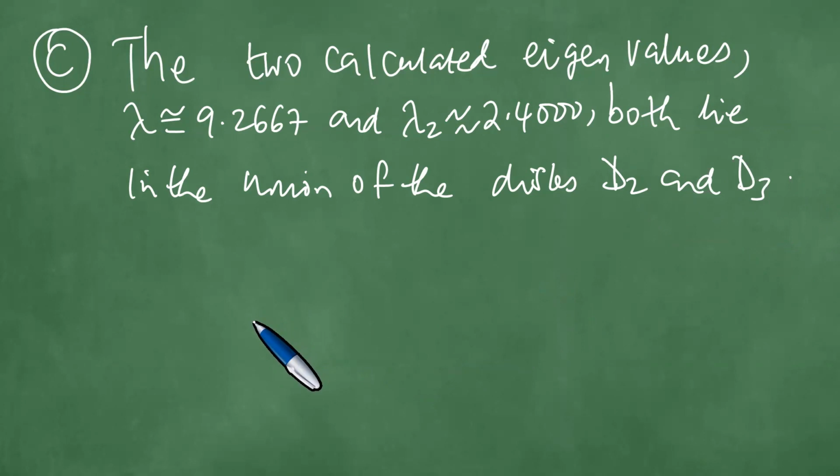The two calculated eigenvalues, approximately 9.2667 and 2.4, both lie in the union of the disks D2 and D3. I'm going to comment on the Gerschgorin disks.